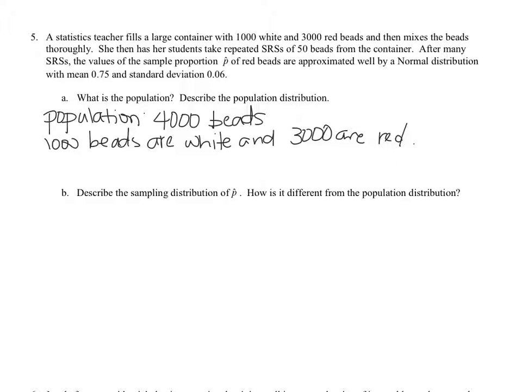So if we're looking at the sampling distribution of p hats, we have to do the shape, center, spread, outliers. So again, SOCS. That's what we're doing here where it says describe it. The shape, they tell us, is approximately normal.